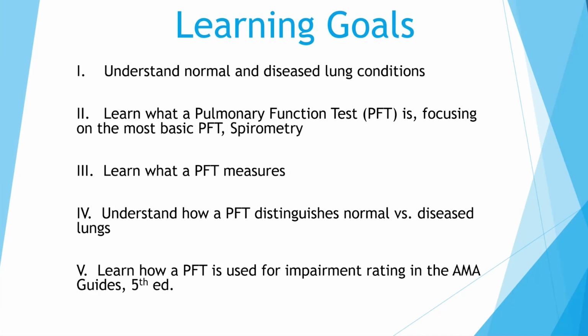So that's very helpful as well to be able to make that distinguishing determination. And then finally, in the fifth part of the presentation, we will learn how these pulmonary function tests are translated into AMA Guides results, and how the whole person impairment is created and turned into the insurance company and the judicial system for claim settlement.